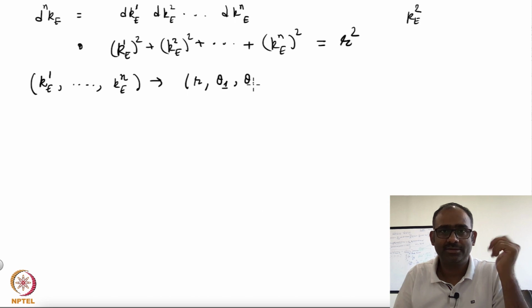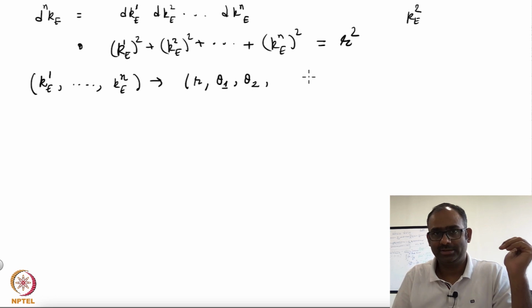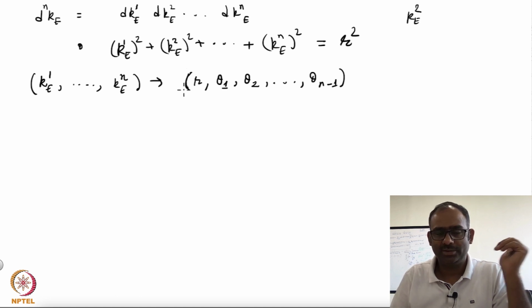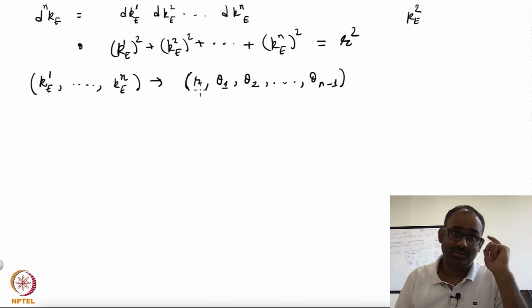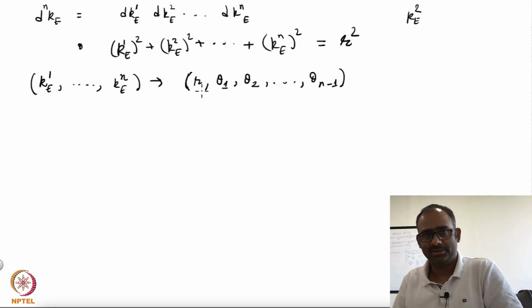You can parameterize differently also, but one of the parameterizations is that you have one coordinate which has dimensions of length in the problem, and all others are dimensionless. But this is not the only way. You can do different parameterizations where maybe two of them have dimensions of length and the others are dimensionless like angles.